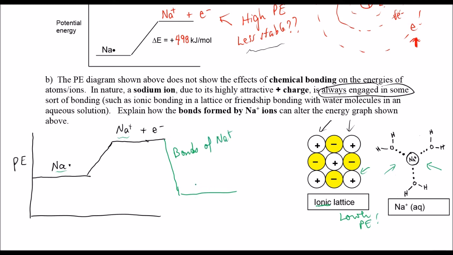And so maybe we end up with something like NaCl, ionically bonded, which is lower potential energy than the neutral sodium and neutral chlorine, for example. And this is why sodium ion is very common, because it can always form some kind of bonds that lower its potential energy, whereas this sodium neutral is not so common.